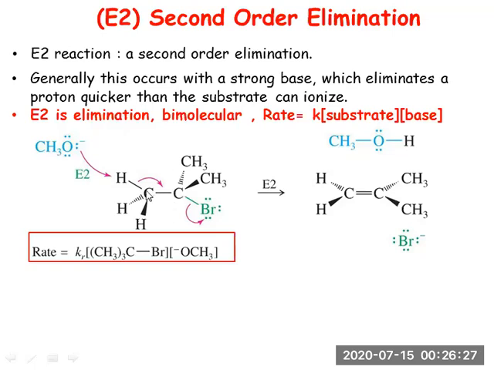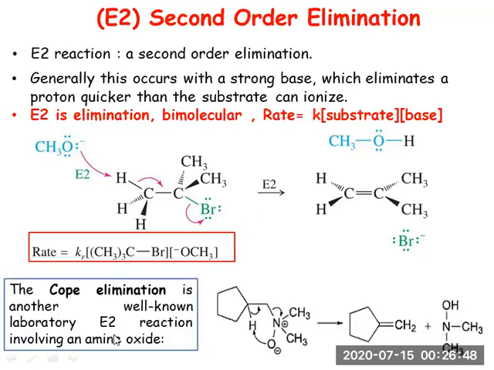So it goes via a single transition state to give the product, where finally the bond between carbon and beta hydrogen is broken, the bond between carbon and leaving group is broken, and a new bond between alpha and beta carbon, that is a pi bond, is formed to give you an unsaturated compound as a product.